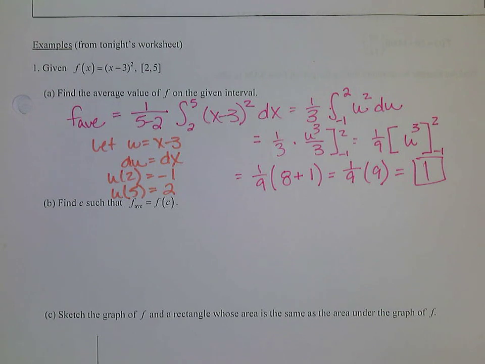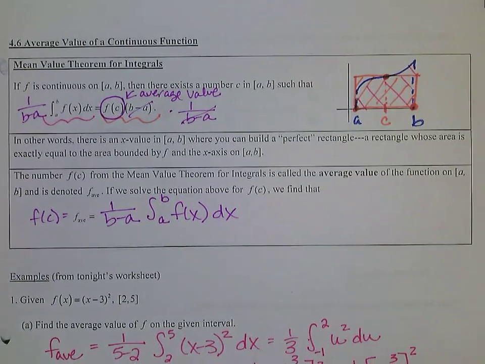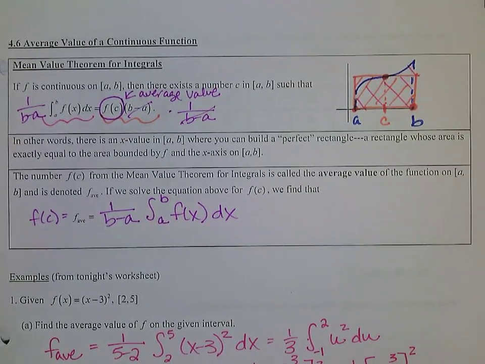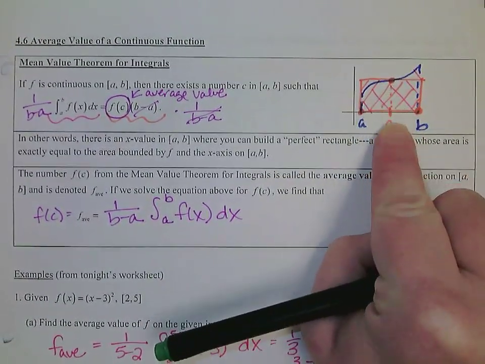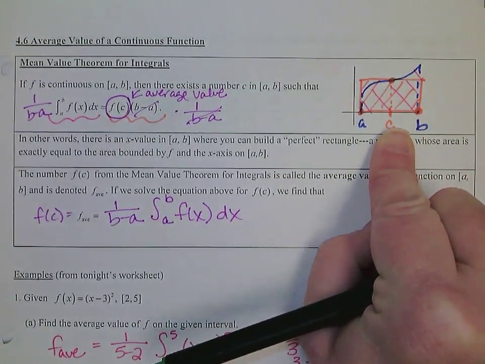Exactly. Okay, so part B says, now that you know what the average value is, find the value of c where f of c is equal to that average value. In other words, this one is f of c, the function value at some point. Figure out what point c between a and b that happens at.